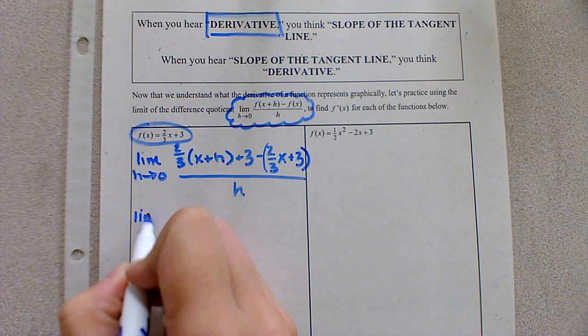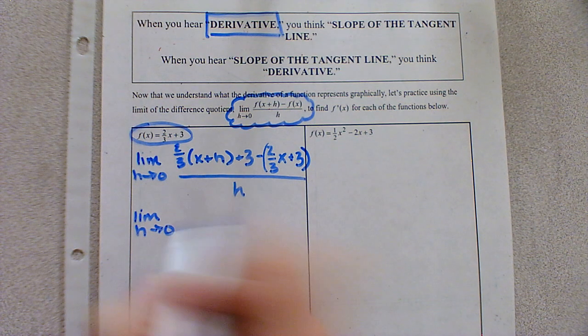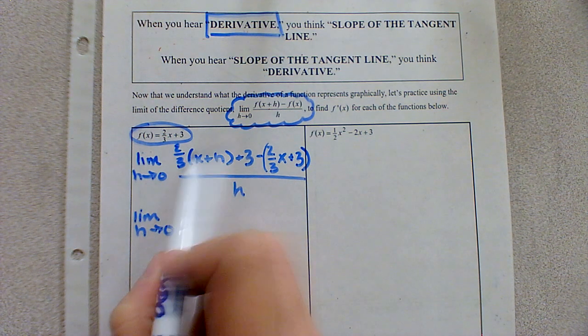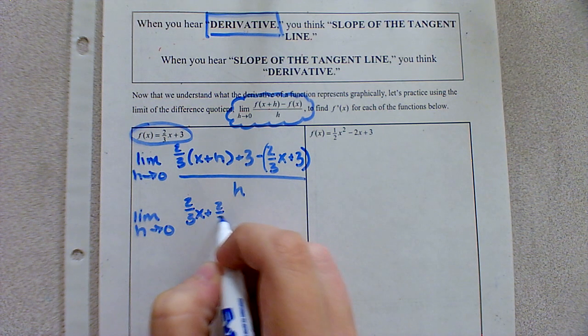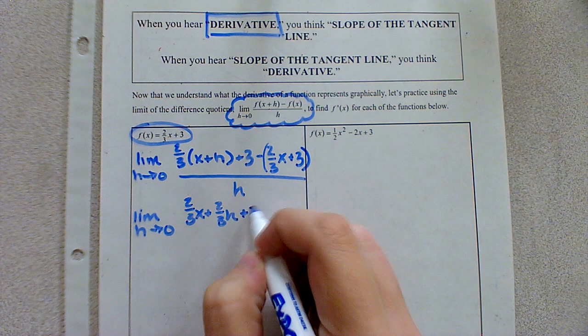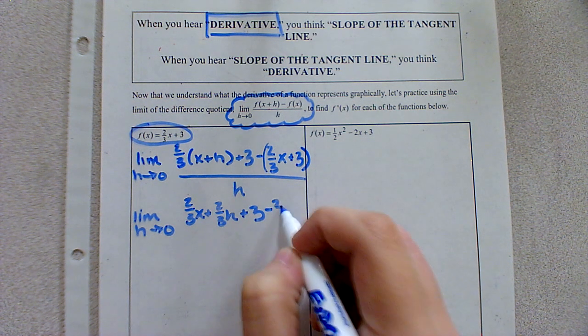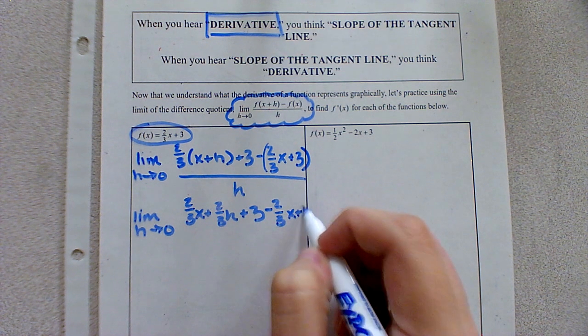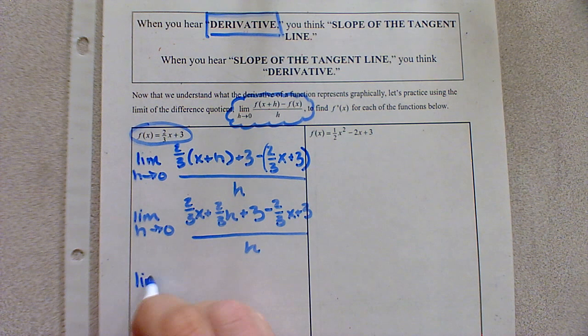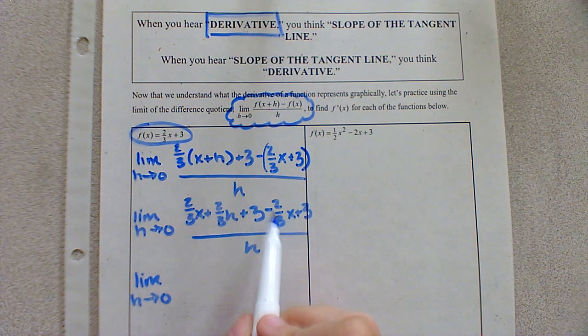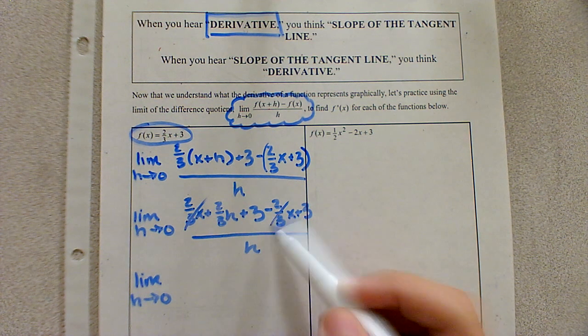So what we should be able to do from here is simplify and see where things take us. We can distribute in the 2/3, and then we can also distribute in the minus sign. Now some interesting things might happen. Notice how positive 2/3, negative 2/3, those would go away.